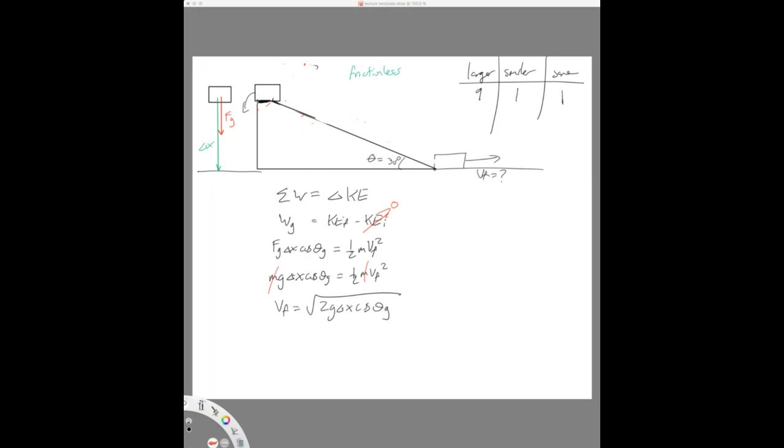Negative 90? That's a good guess. It's not negative 90. Remember, what is theta g? What do we mean when we're picking an angle on the work formula? It's not the absolute angle, in which case you would be right. It's not the absolute angle on xy axes, but it's the angle between what and what.